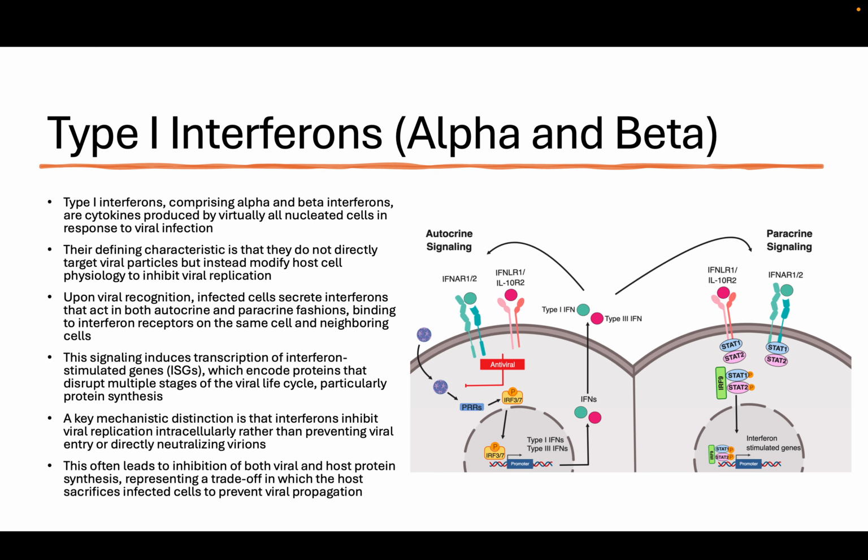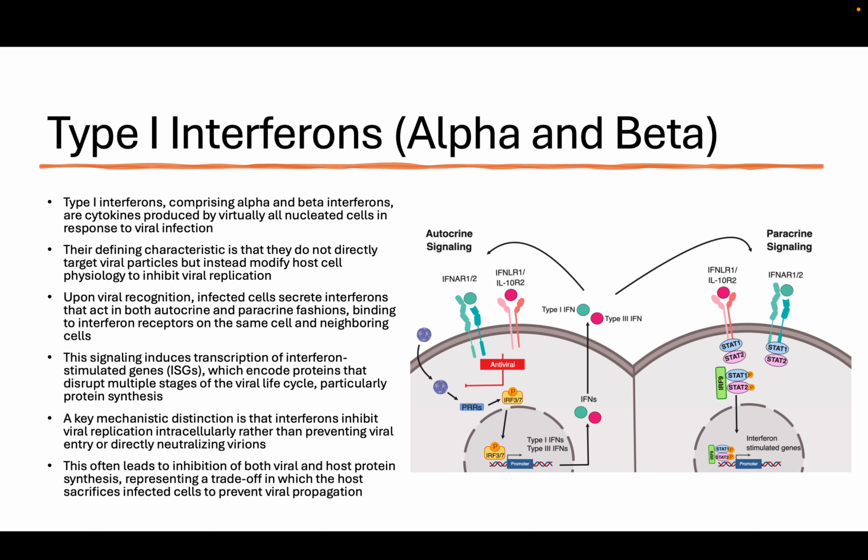One very important thing that you need to remember with type 1 interferons is that they do not directly kill viruses. What they do is they stop their replication. They stimulate these interferon stimulated genes to produce proteins that mess up viral life cycles. And we're going to be talking specifically about what that means.